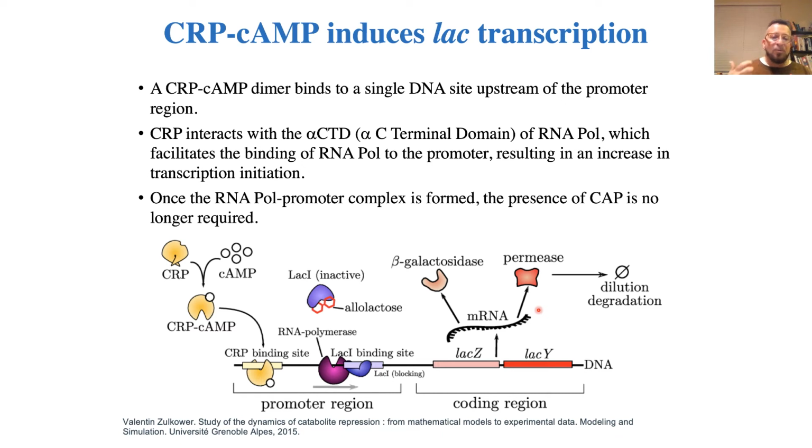Once the RNA polymerase begins to bind to the promoter and starts polymerization, the CRP protein is no longer needed, and therefore it can fall off.